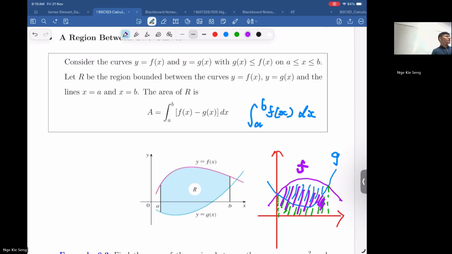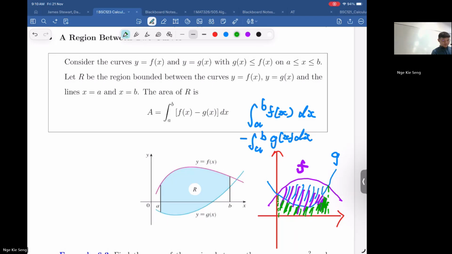By the interpretation just now. But if you take away everything below g(x), is it true that you just get the region in between? If you take away, in particular, this green part here, then you are getting the area bounded by both of them.